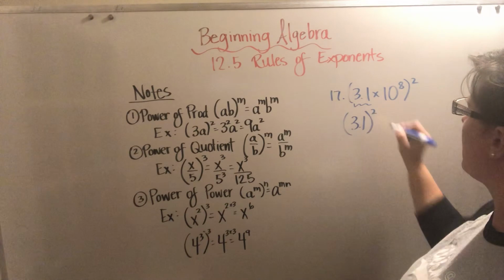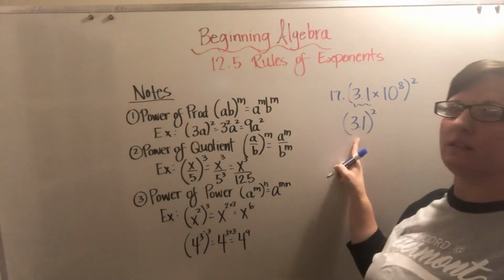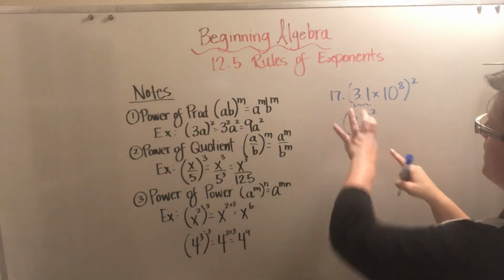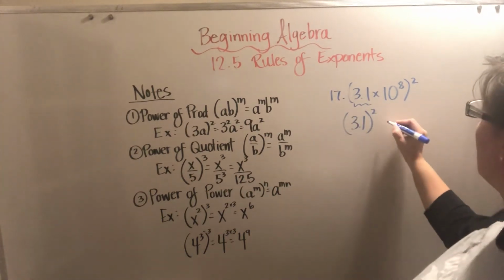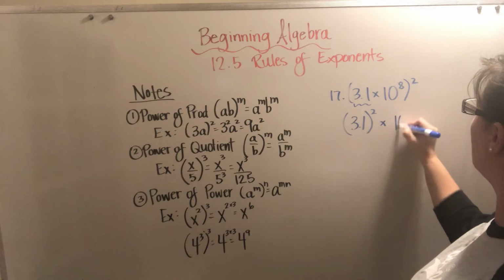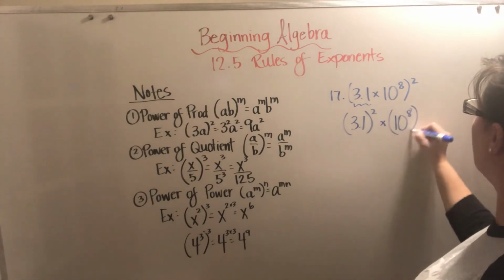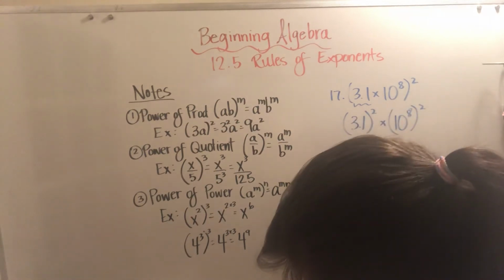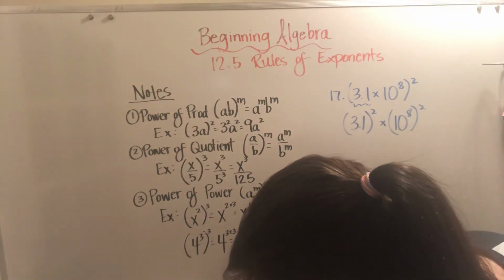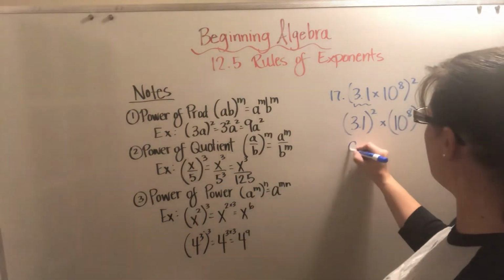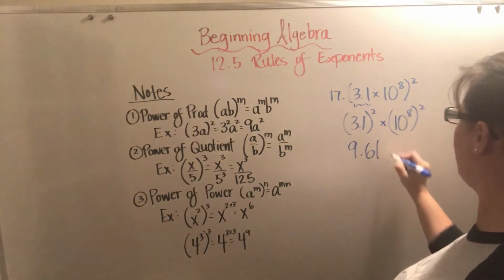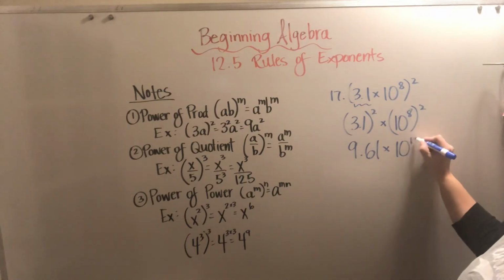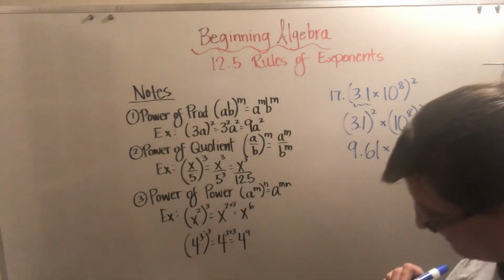And if you do that on your calculator, make sure you put that in parentheses, because if you do 3.1 squared, all it will square is the 0.1. So be cautious of that. All right, times 10 to the 8th, and that's squared. All right, if I get my calculator out, I'm going to recognize 3.1 squared is 9.61 times 10. 8 times 2 is to the 16th power.